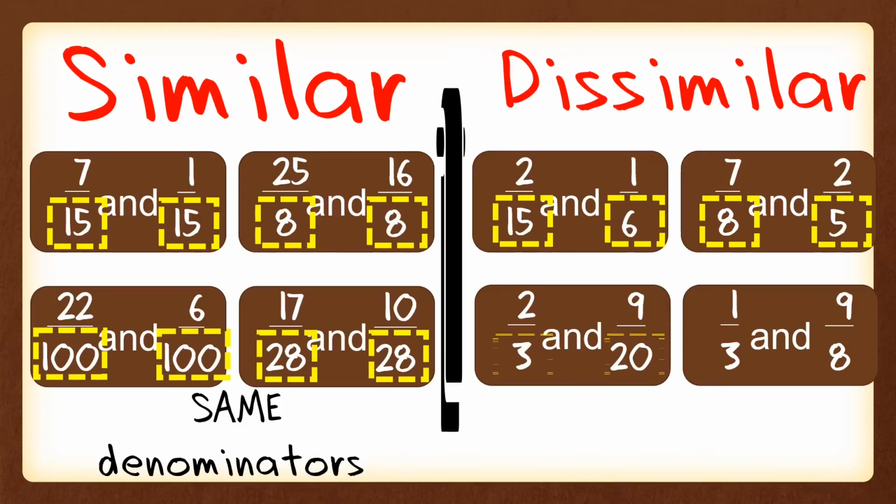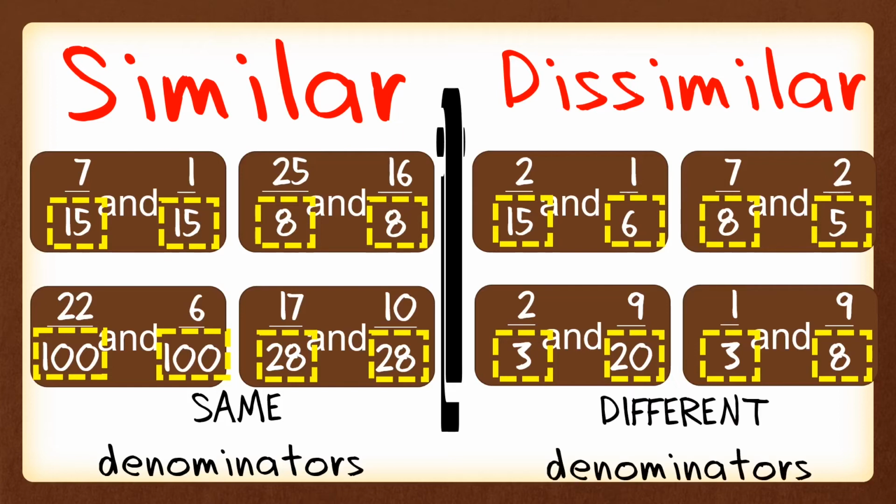For the third one, 3 and 20. And for the last sample, the denominators are 3 and 8. As you can see, they are different. And the last 4 examples are dissimilar fractions because all of them have different denominators.